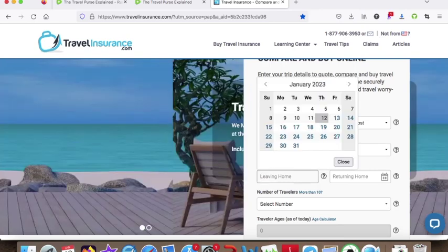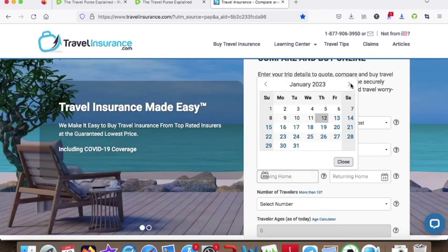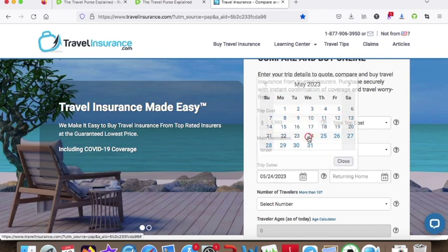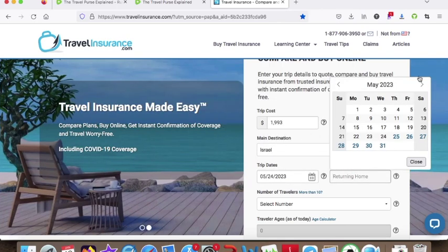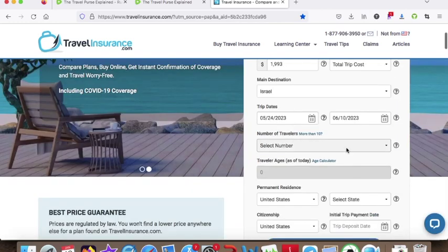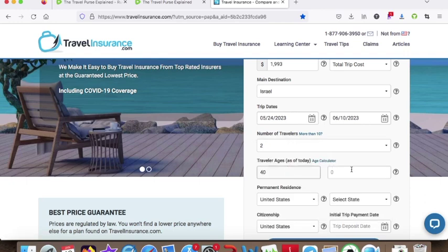And we're going to say we're leaving home May 24th, and we're returning home June 10th. Okay, and we're doing this for two people. One person may be 40.